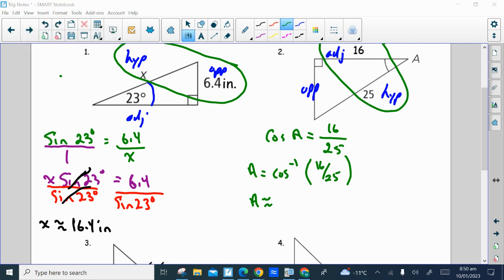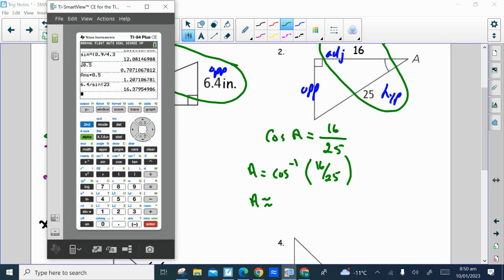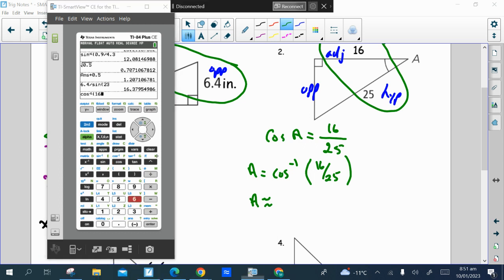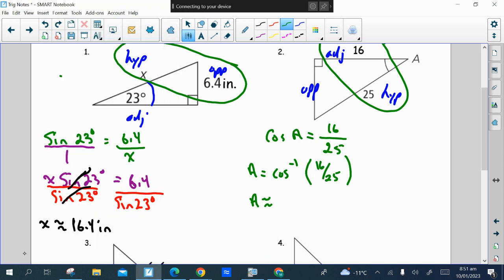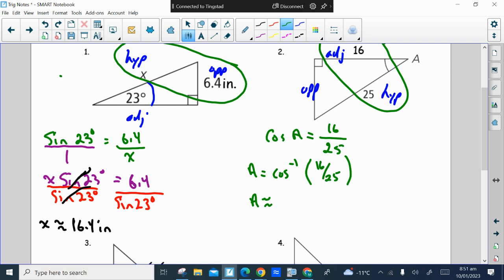So we can go to our calculator and go second function cos. There we go.